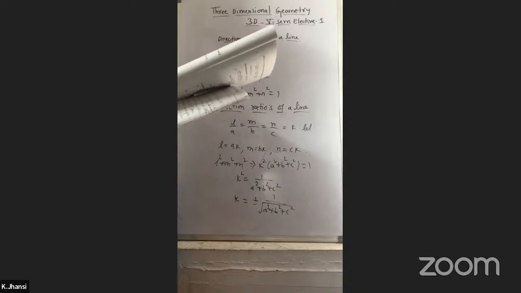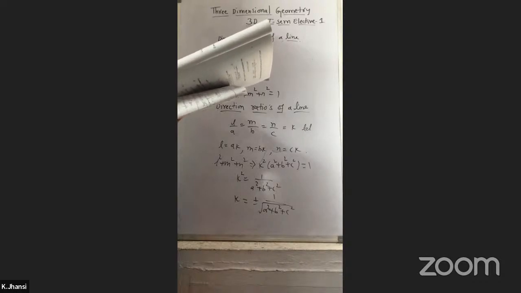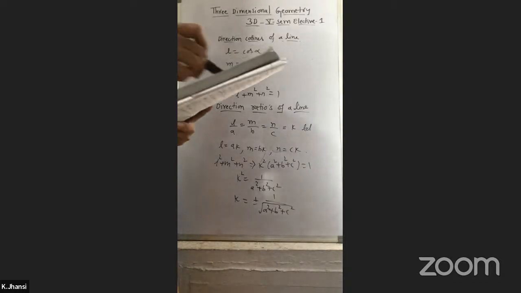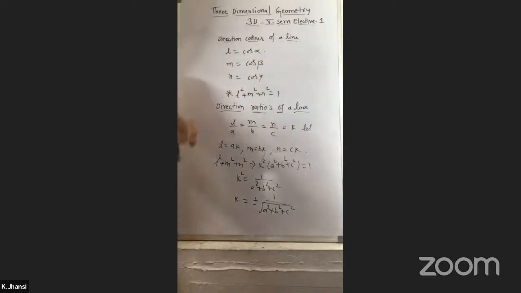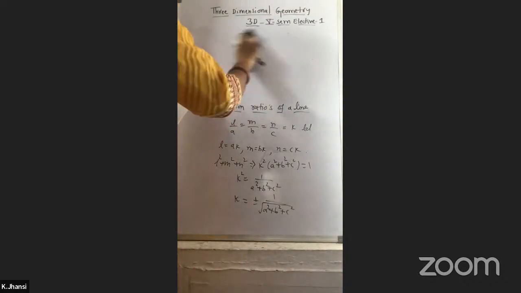If theta is the angle between the lines whose direction ratios are A1, B1, C1 and A2, B2, C2, then let L1, M1, N1 be the direction cosines of the line whose direction ratios are A1, B1 and C1. So this formula you have now on page number 27. This is very important: cos theta is equal to plus or minus A1 into A2 plus B1 into B2 plus C1 into C2. This is the important formula for finding the angle between the two lines. Regarding this only, you have the angle bisectors in unit 3.